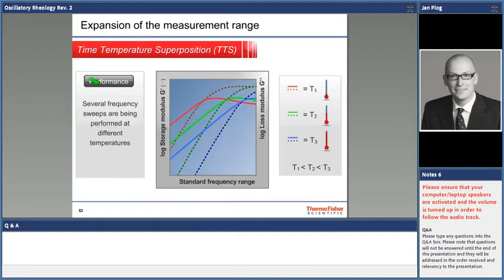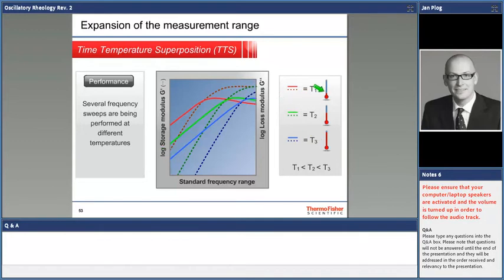What you can do, however, is this trick that we call time temperature superposition. We use this mirror relationship: at high temperatures your system will behave like it would at low frequencies. High temperature, it behaves more viscous, the same as at low frequencies, and vice versa.